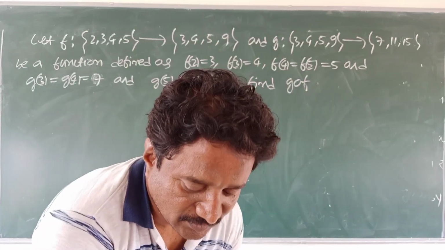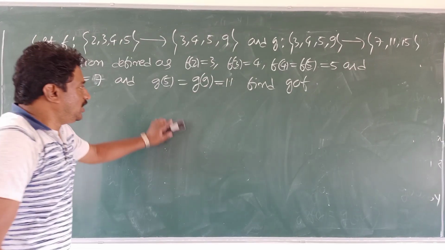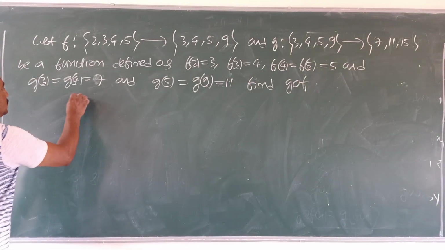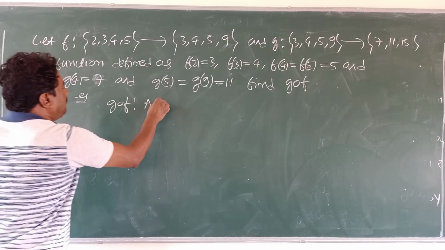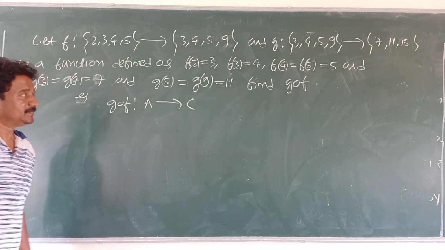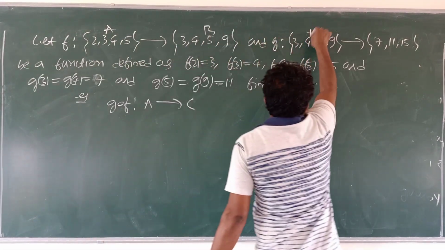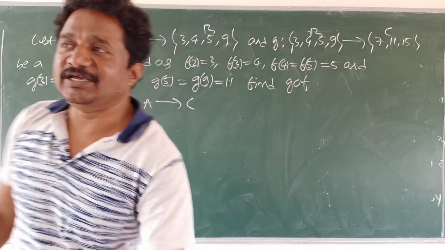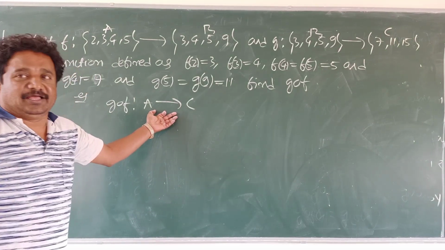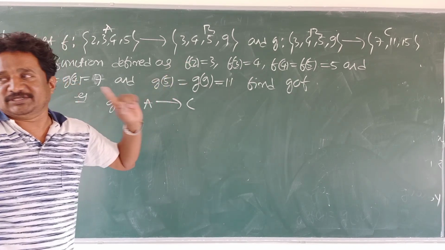It's a very easy question, friends. Whenever there is a question on g o f, you remember this solution. g o f is always a function from A to C. This is A, B, C. This is not required, but if you remember this, solving the problem is so easy.